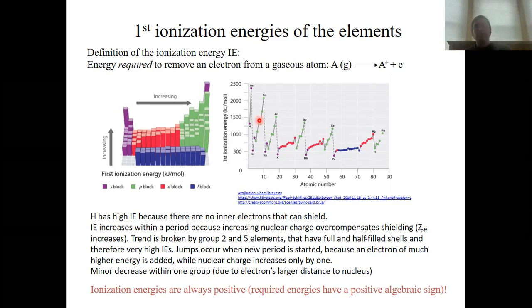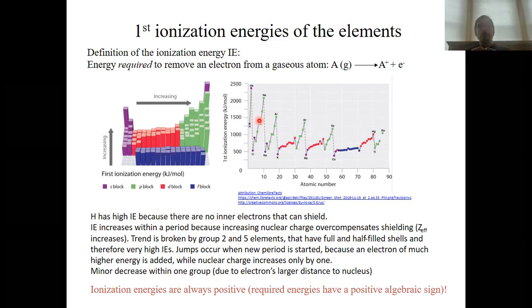Why is that? Because we are adding additional electrons to the shell, but we are also adding additional protons. Okay, so the electron-proton interaction tends to increase the effective nuclear charge. The electron-electron repulsive interaction tends to decrease it. But because we are adding the electron to the same shell, the latter effect isn't particularly great.